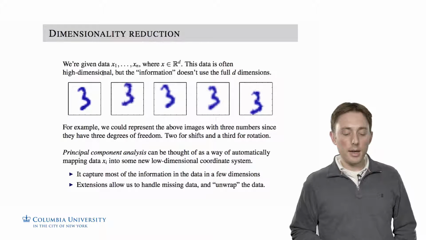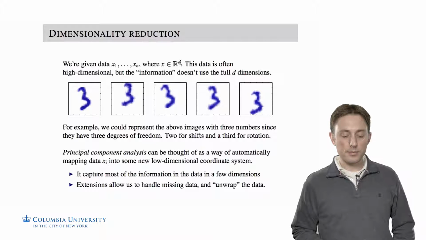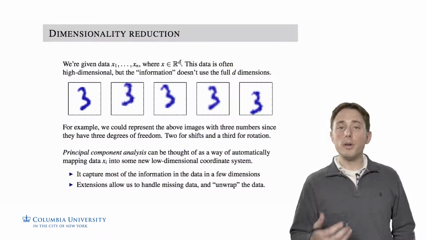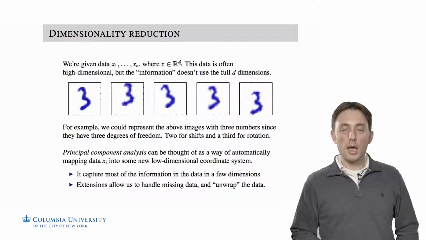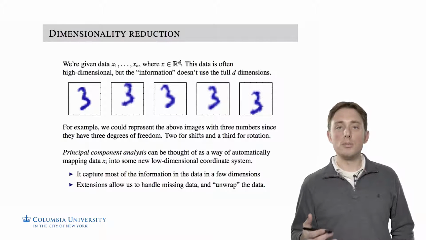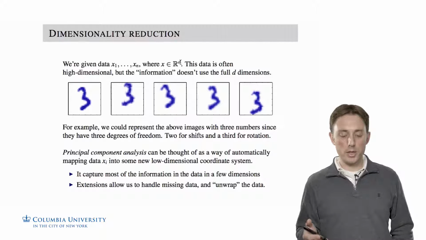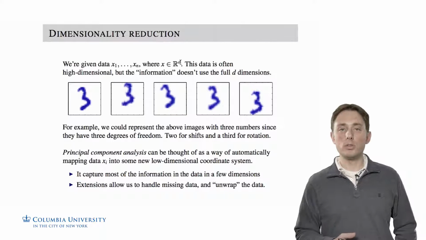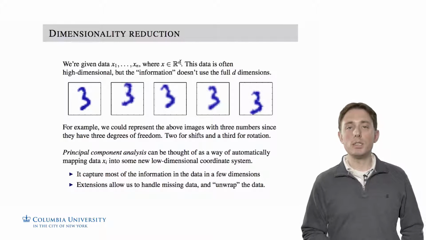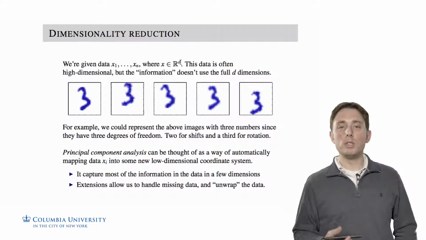Imagine we're given data x1 through xn, where each point is in R^d, where we're going to assume that d is very high dimensional. However, we don't think that the information fills all of those dimensions. We think that we can take all the information contained in that high dimensional space and map it to a much lower dimensional space where we don't lose much information.